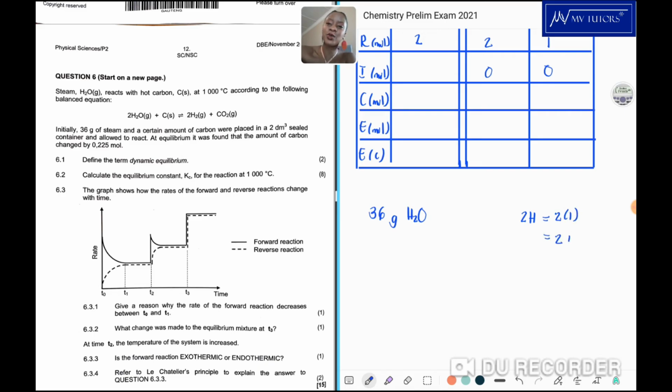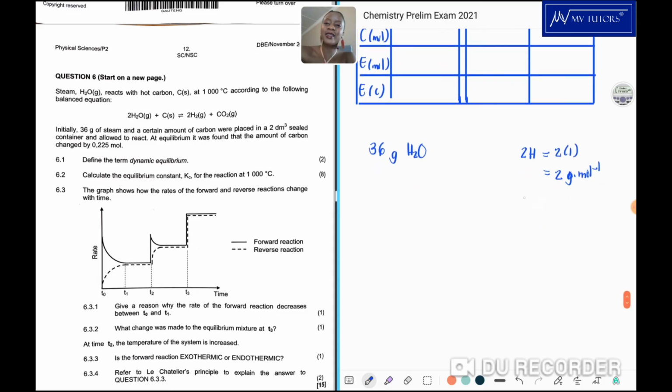So we have 2 grams per mole. And then for oxygen, we have 16 grams per mole. You can check that on the periodic table. Yes, it is. So in total, we have 18 grams per mole of the steam.